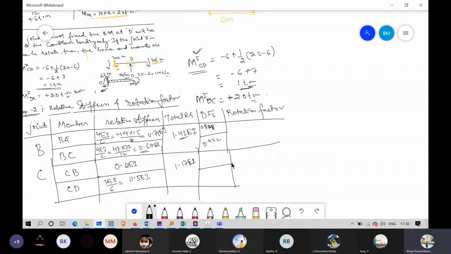Okay, now the distribution factor for CB is 0.573 and the distribution factor for CD is how much? 0.427. And one more thing guys, in order to know whether your distribution factor values are correct or not, for every joint you just add these two values.